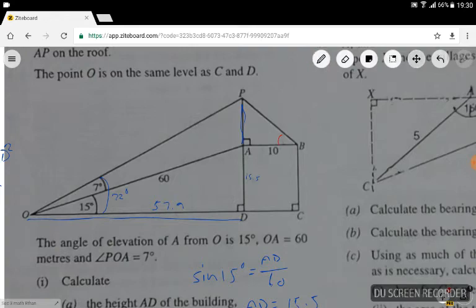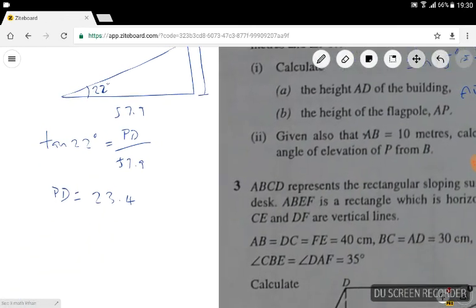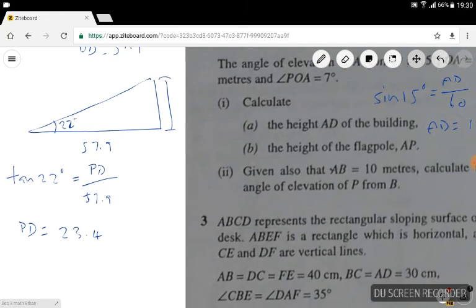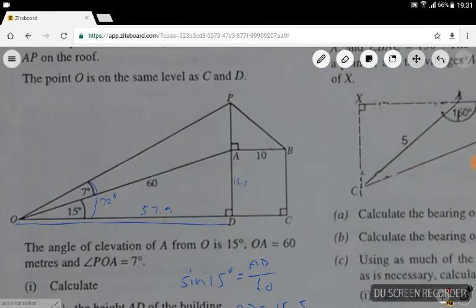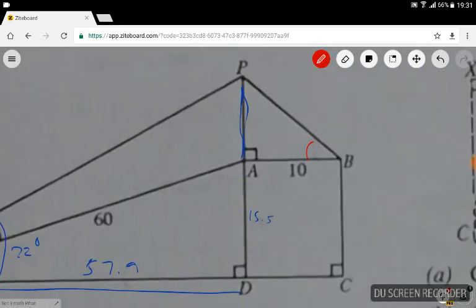So based on the previous answer, I know PD is 23.4, and PA is 7.89. Right, so how to find this angle? Which trigonometry?